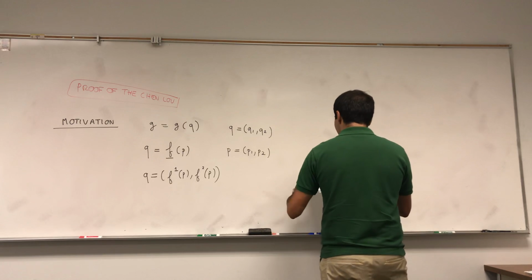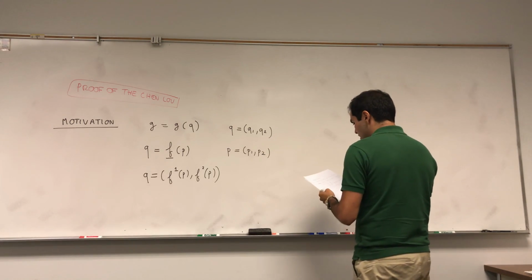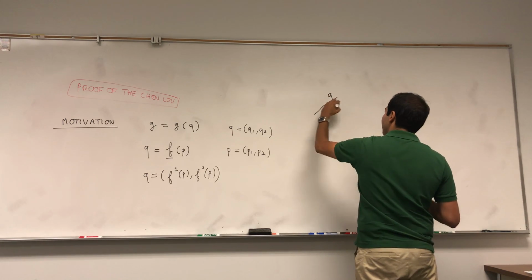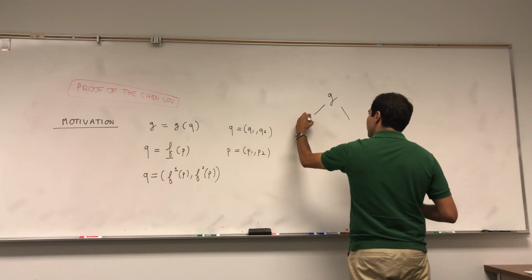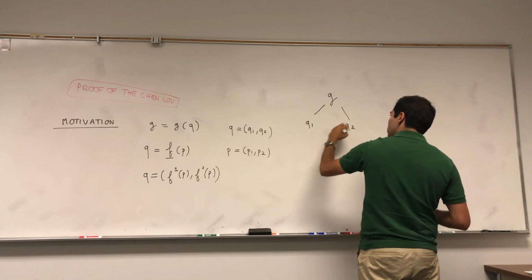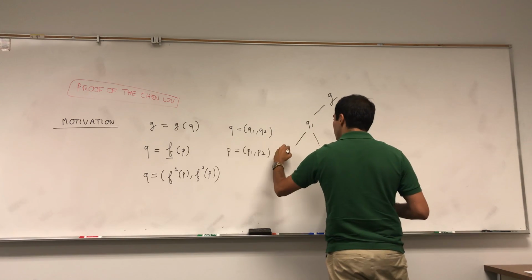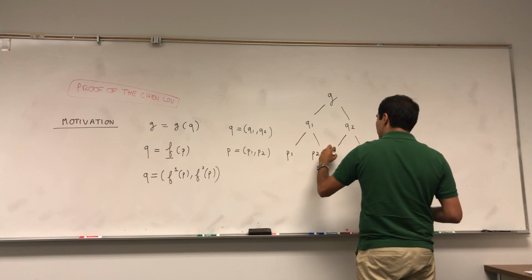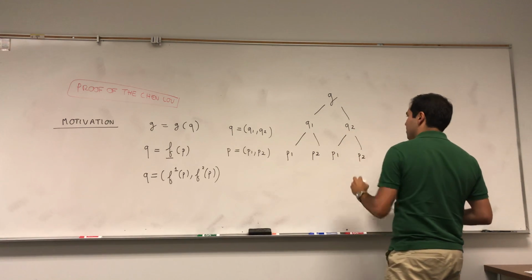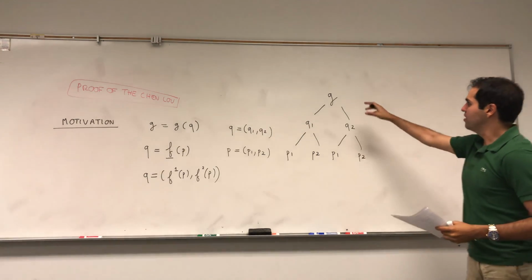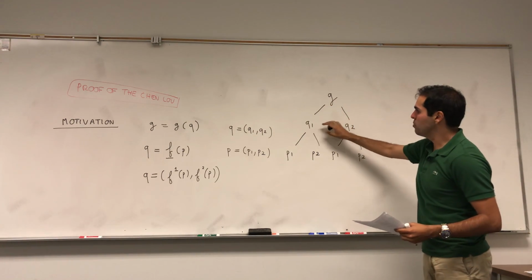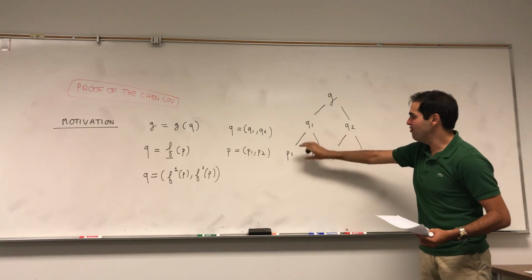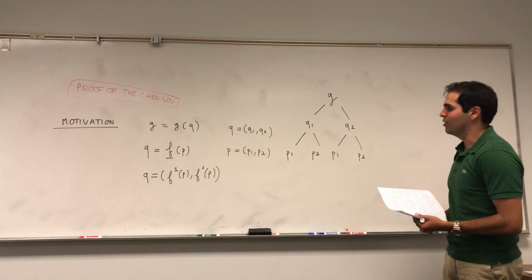So what you really have is that g, on the one hand, you can just think of as depending on q1 and q2, but q1 and q2 depend on the variables p1 and p2. Because on the one hand, g is a function of two variables, but each variable is a function of two variables. So we have f1 of p1, p2, and f2 of p1, p2.